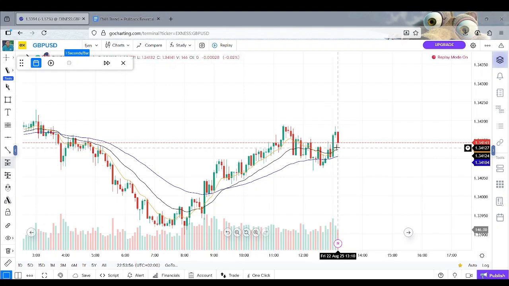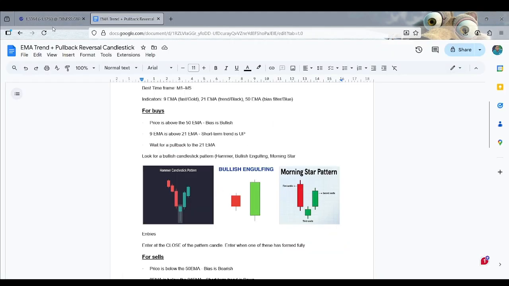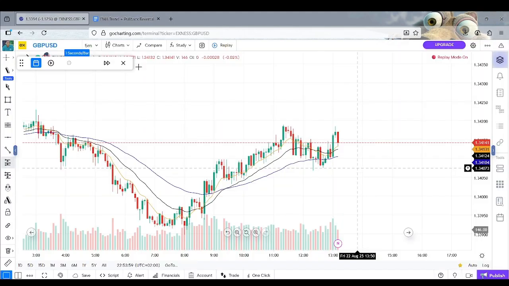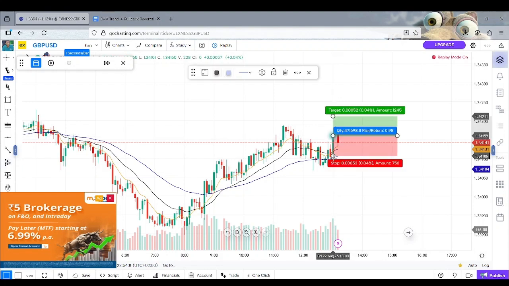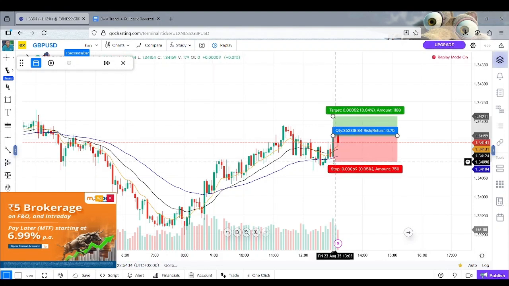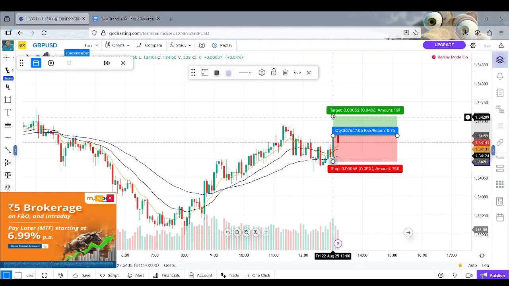The 9 is above the 21. Is that the case? Yes, 9 is above the 21. So I buy when the bullish is fully formed about here, right?